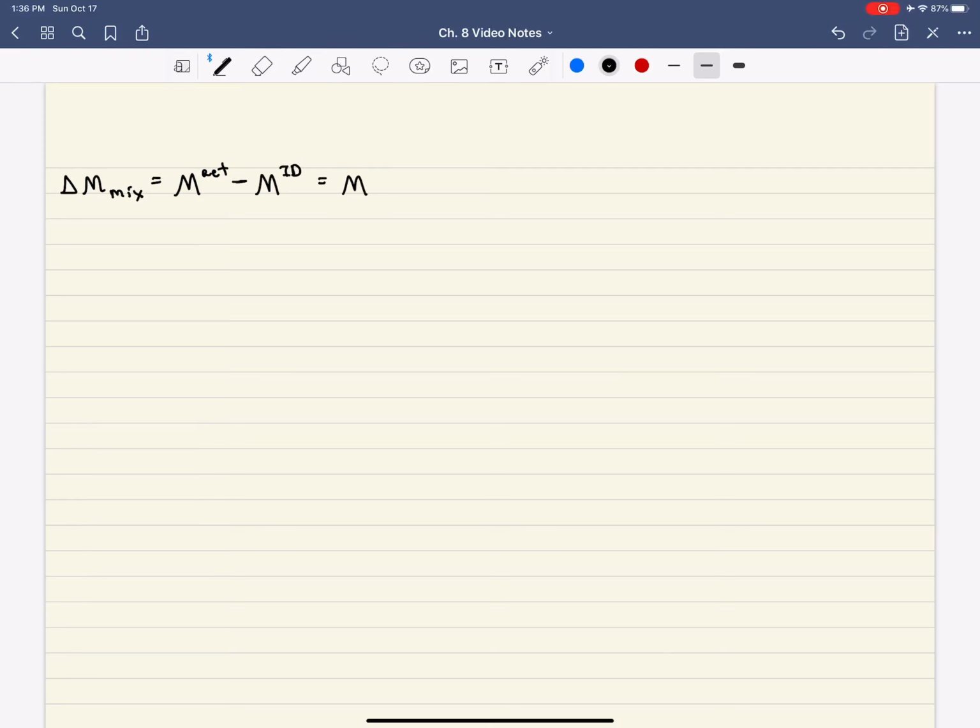And so that means that we also said that delta M mix was just equal to this: the sum from i equals 1 to C of N_i M_i, at some temperature and pressure. Okay. And so this term is the ideal solution prediction, and this term would therefore be your actual value.